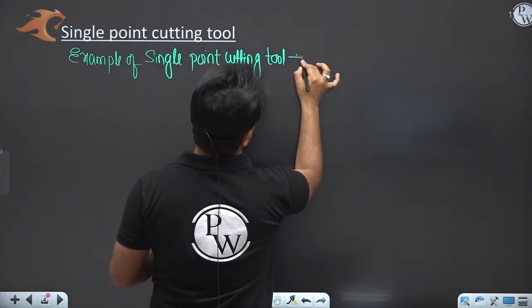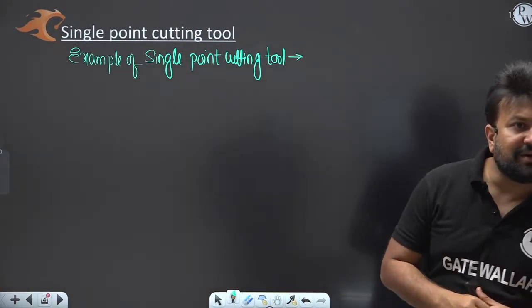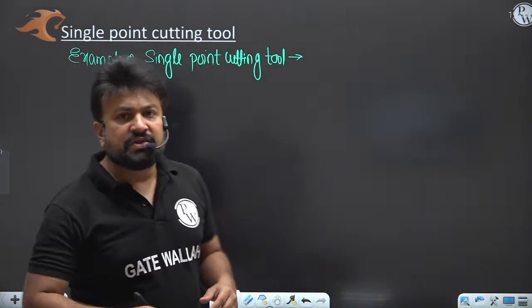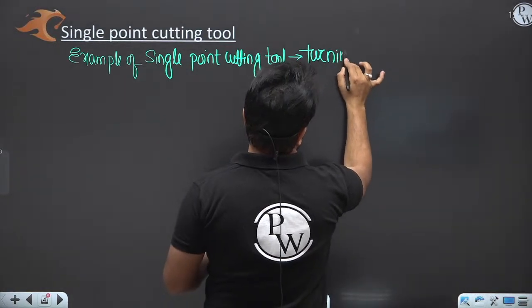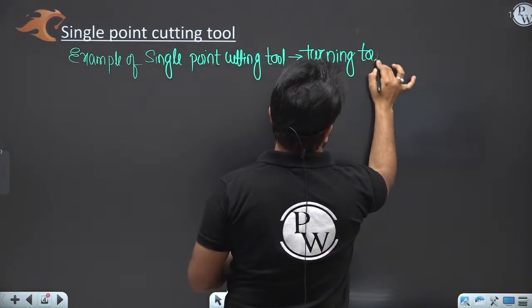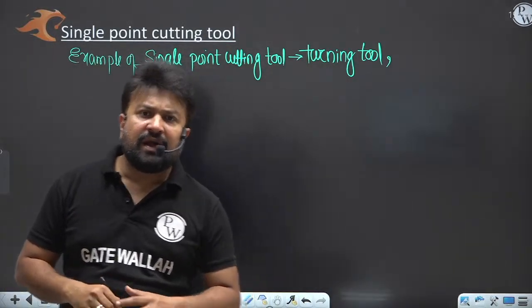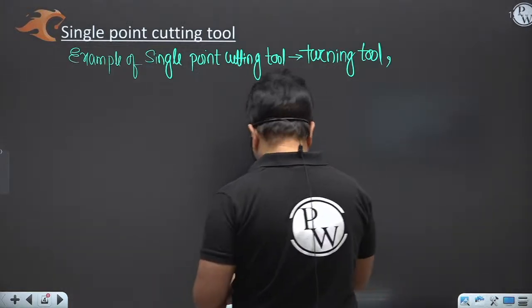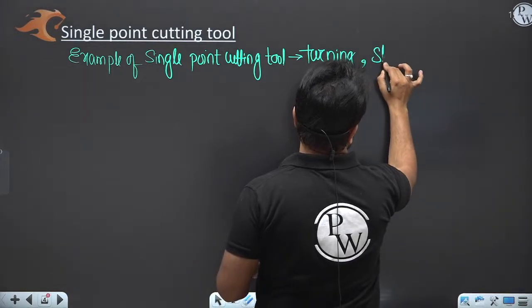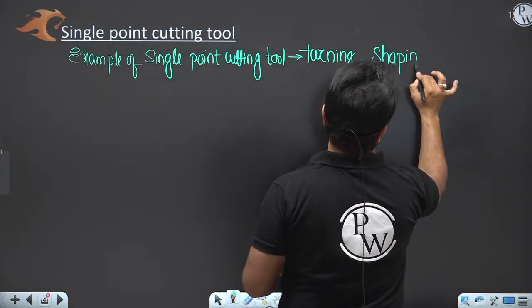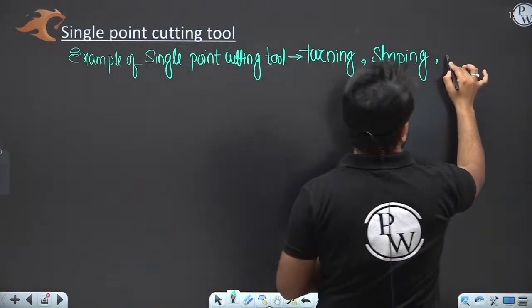So what are the examples? The turning tool, and the shaping tool. The next tool is the planing tool.